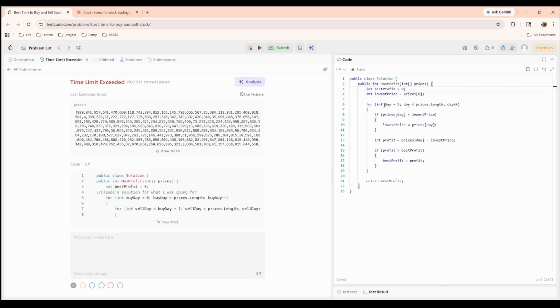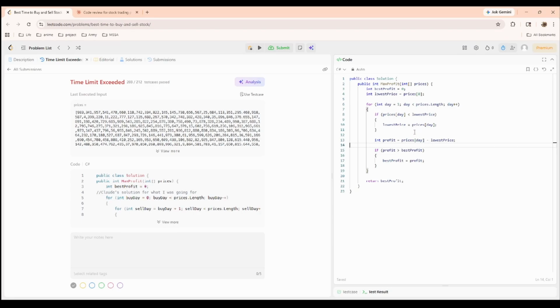Okay, so we start with day one and we loop through the prices. And if the price of day one, or whichever day, is lower than the lowest price, then that is the lowest price. The profit would be the price on the given day minus the lowest price.